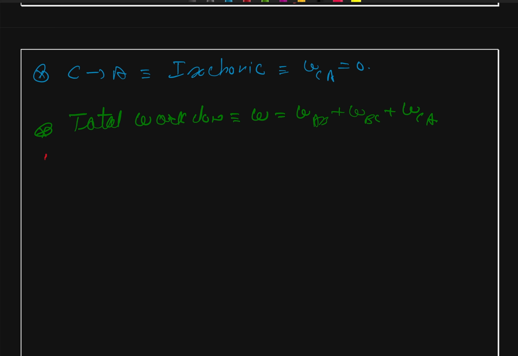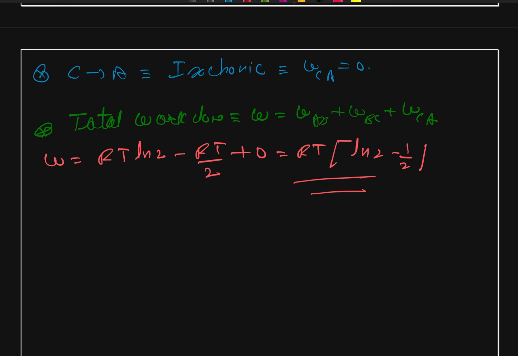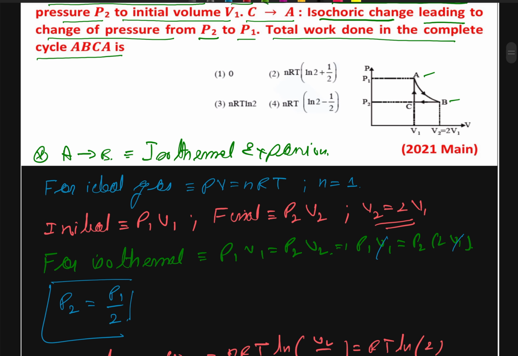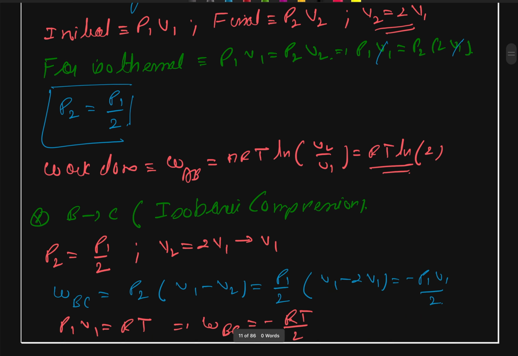We get the work done will be equal to RT natural log of 2 minus RT by 2, plus 0. So this will be equal to RT, we can take common, and we get natural log of 2 minus 1 by 2. And natural log of 2 minus 1 by 2, option 4 is correct.